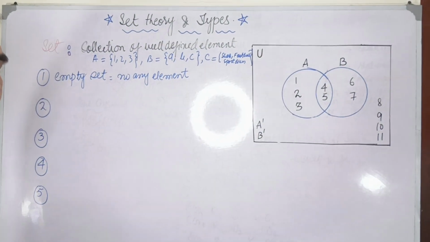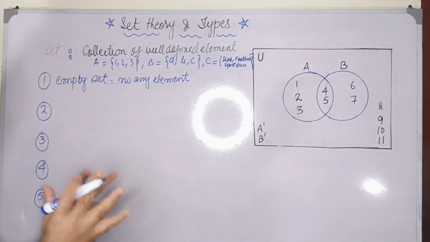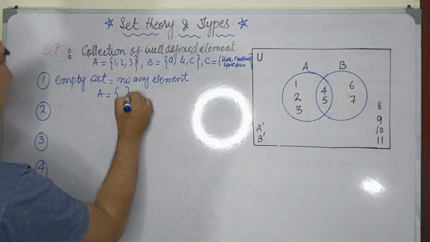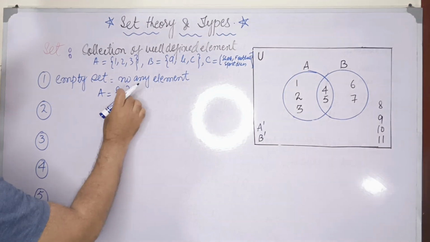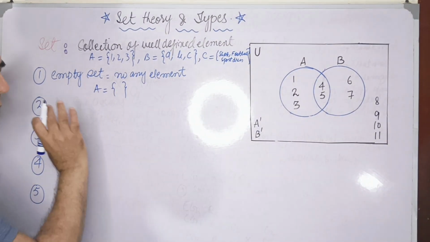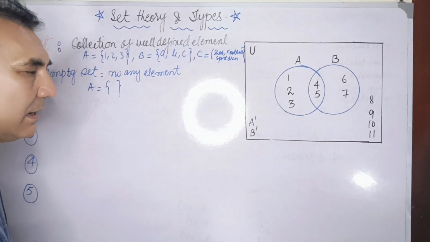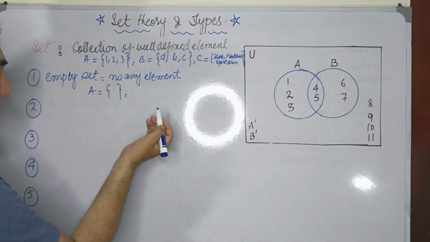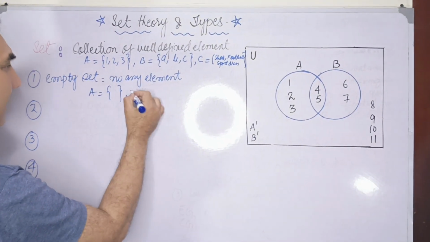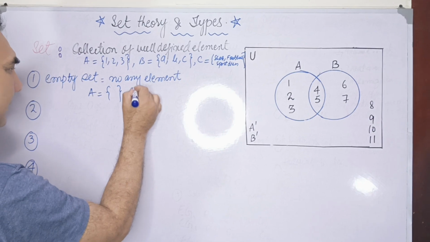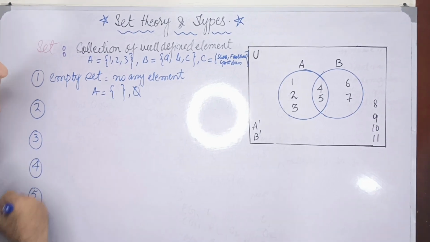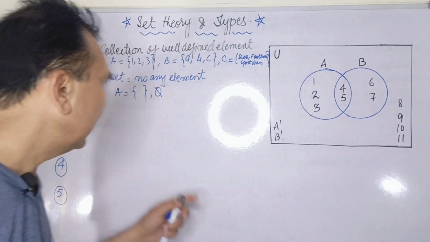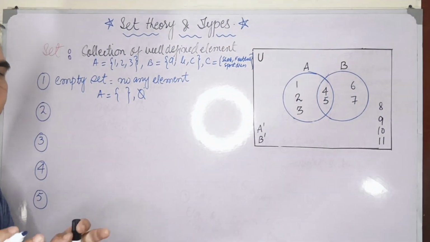No element is present inside the curly brackets. It is called the empty set, or you can say vacant set, or the other way to write it is 0 with a cross through it, which shows the empty set.